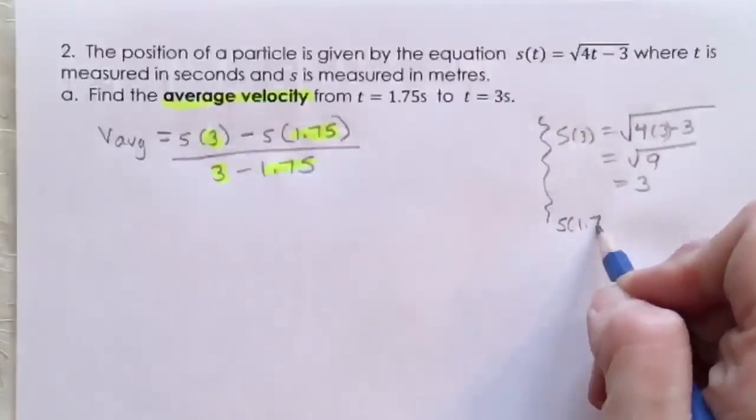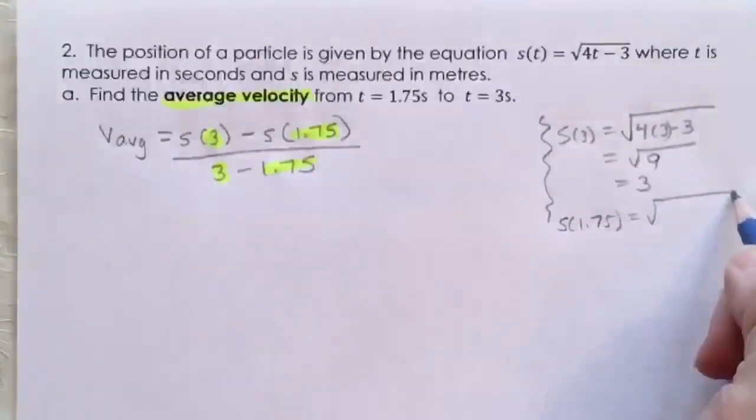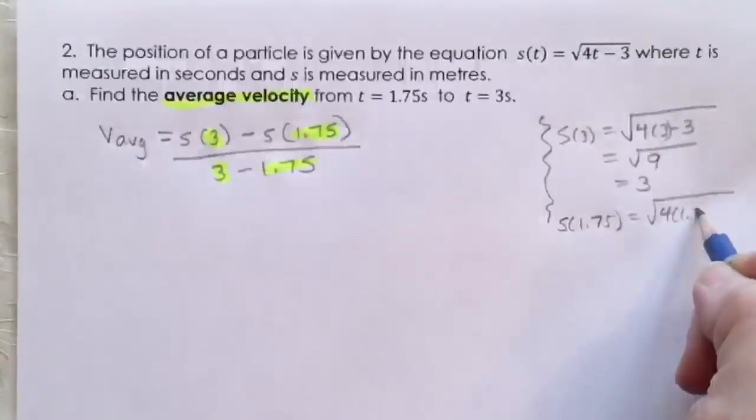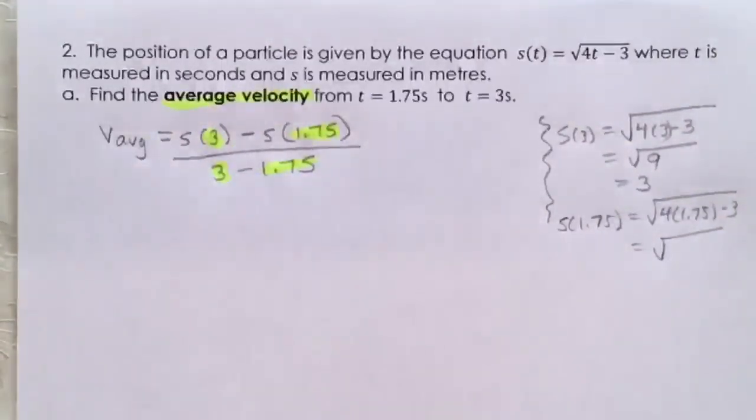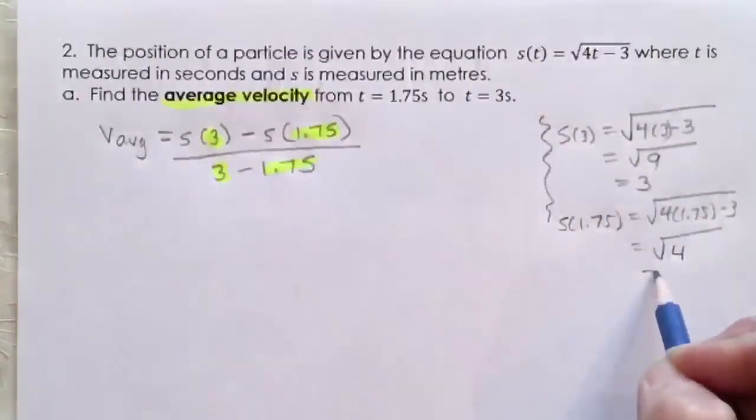And s at 1.75 is the square root of 4, which is 2.